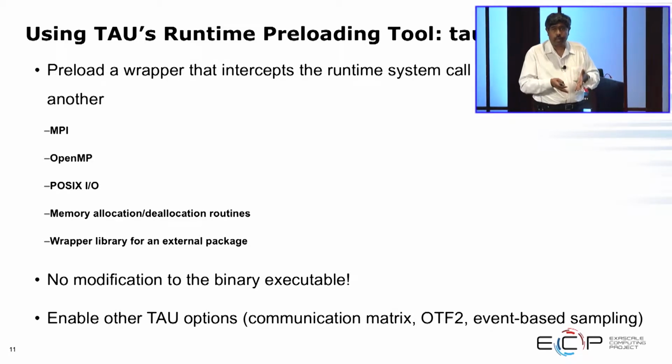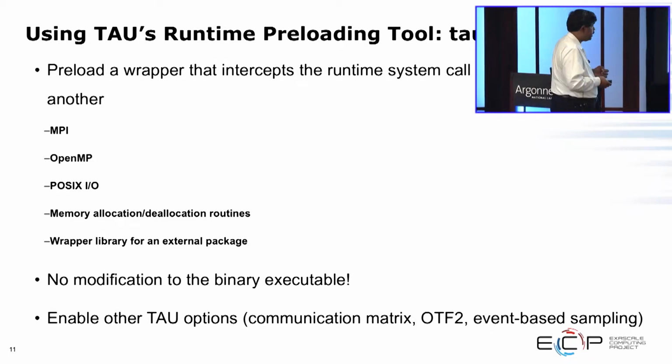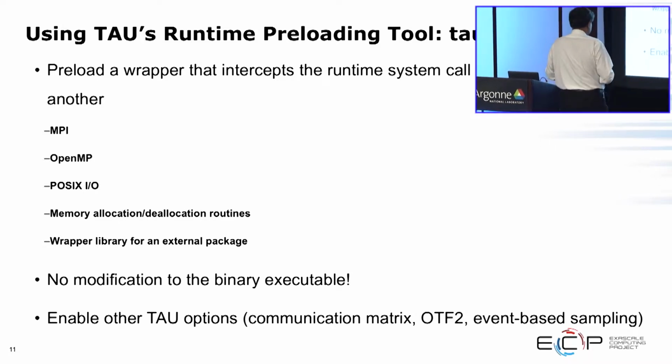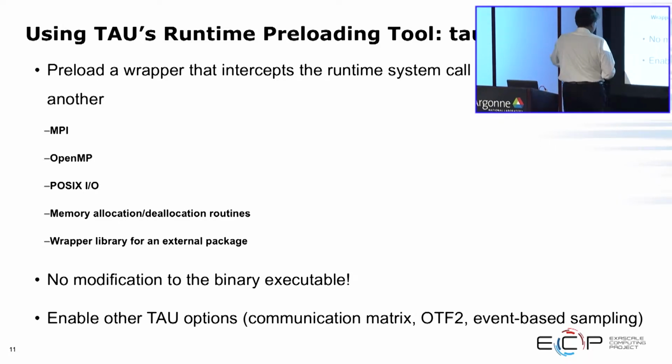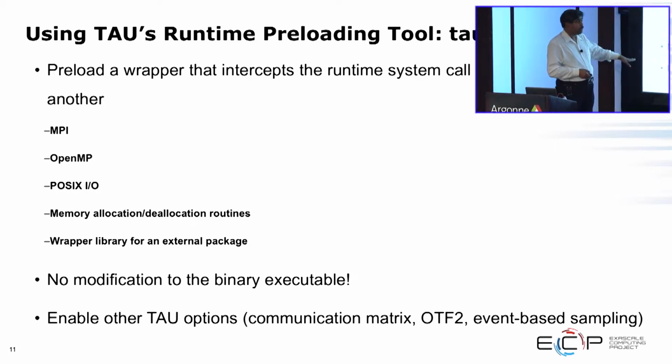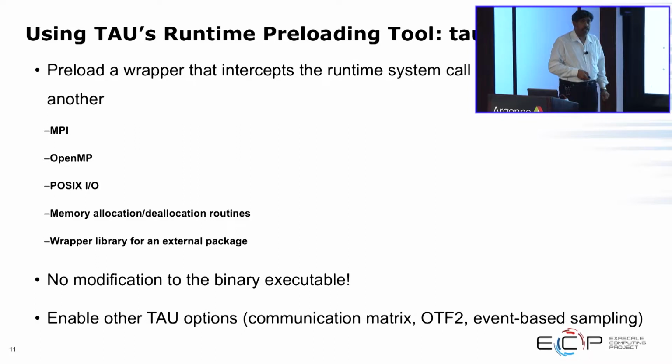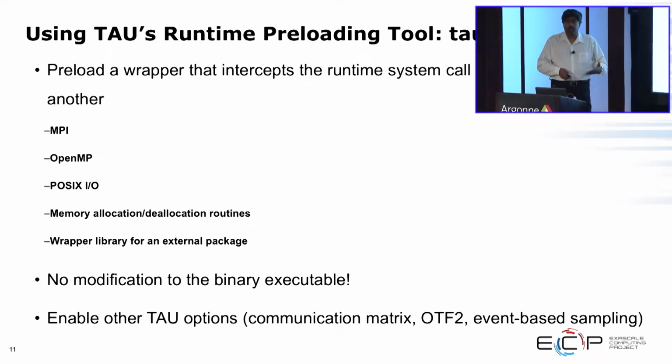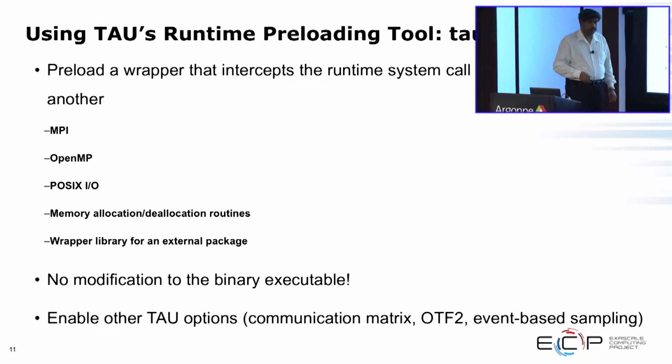And so that requires a dynamic shared object, requires a dynamic executable. And once you use this TaoExec, you can enable other Tao options, such as generating a communication matrix or generating OTF2 traces for a tool such as Vampir, or enabling event-based sampling.